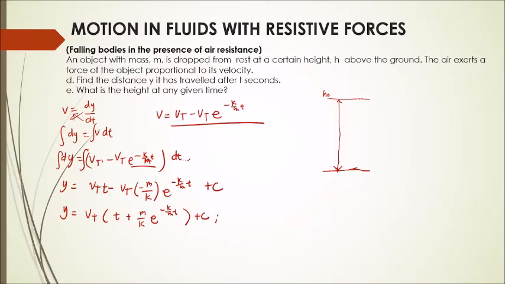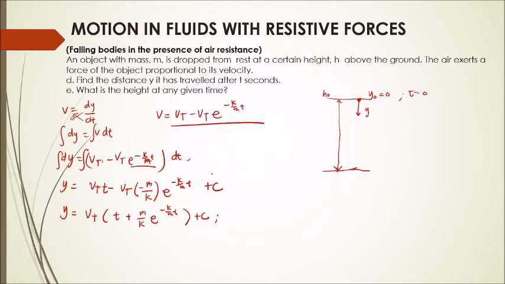When we drop the object here, it moves down to here. This is our y. So, the initial y is actually still 0. So, we can have it at 0 time.